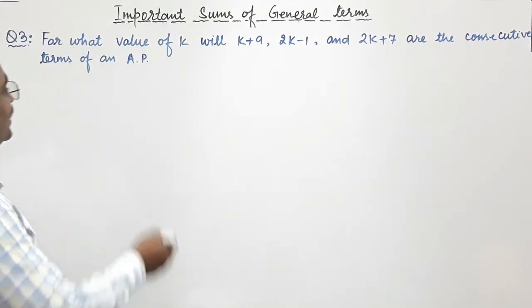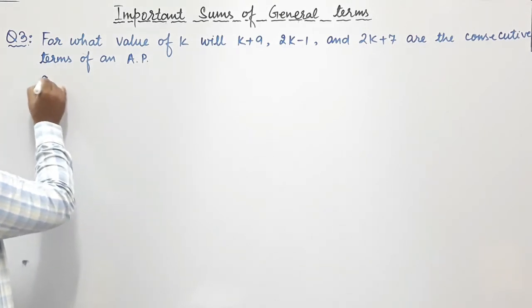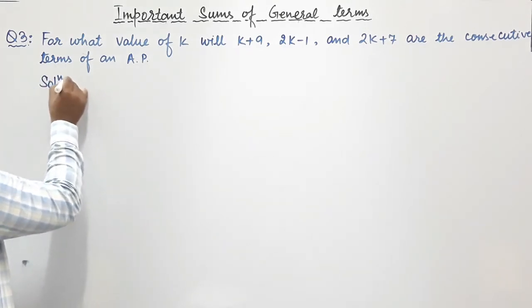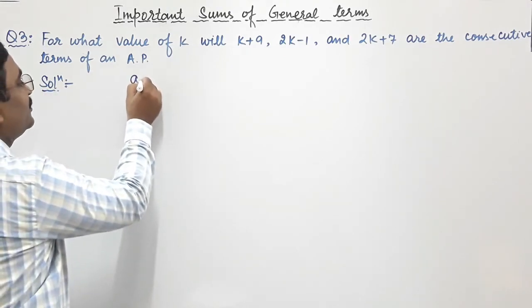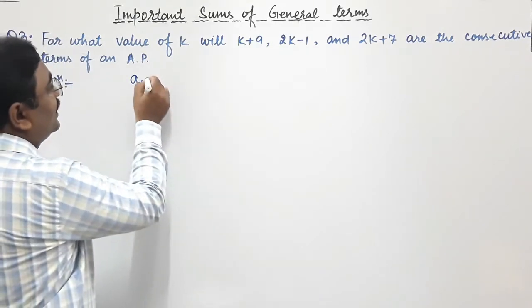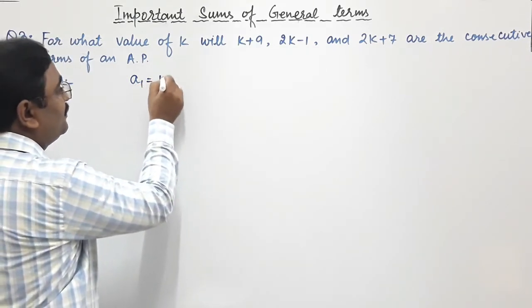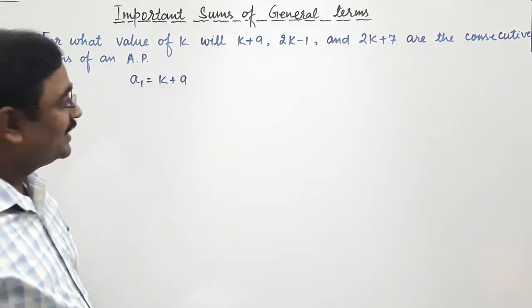It means here in the solution you just see what is given. The first term of the arithmetic progression, a1 or you can say a, is equal to k plus 9. Okay.